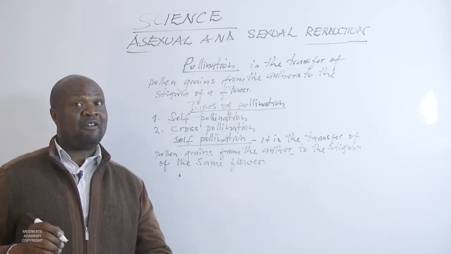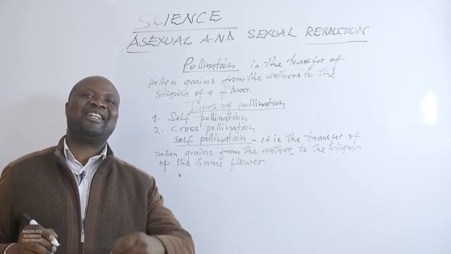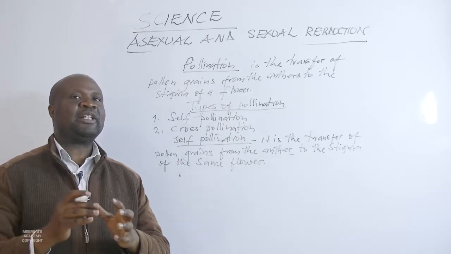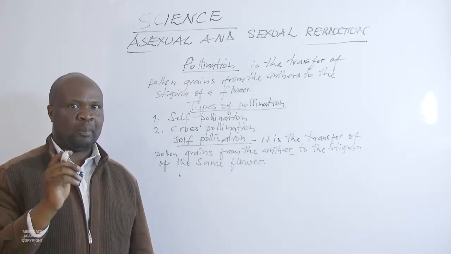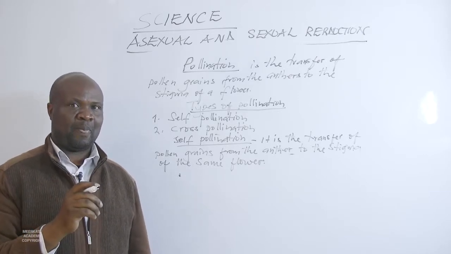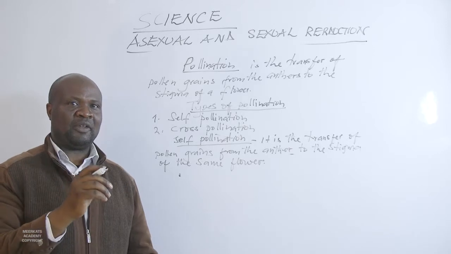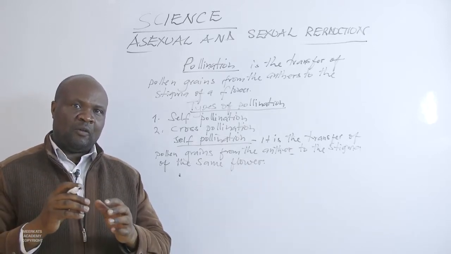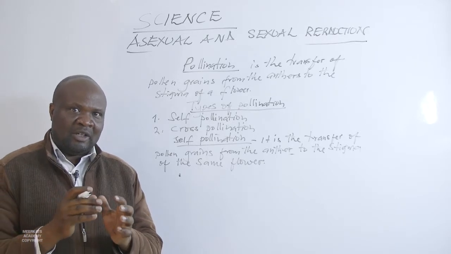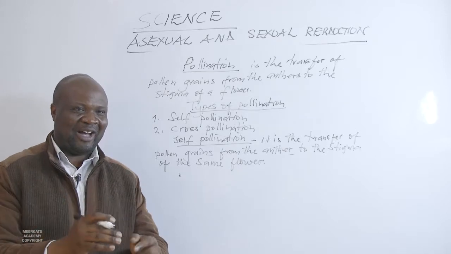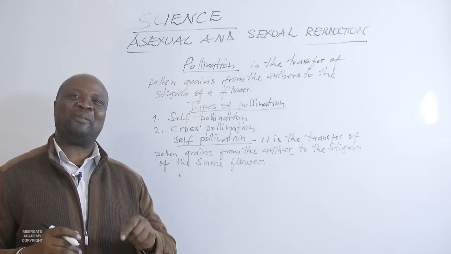But we also have another situation that defines self-pollination. If there is a transfer of pollen grains from the anther to the stigma within the same plant but a different flower, it is still self-pollination.